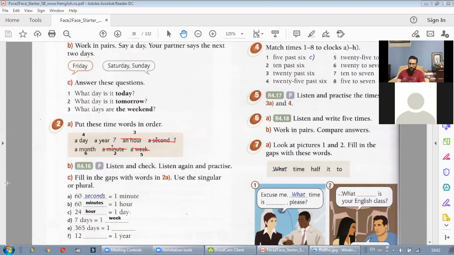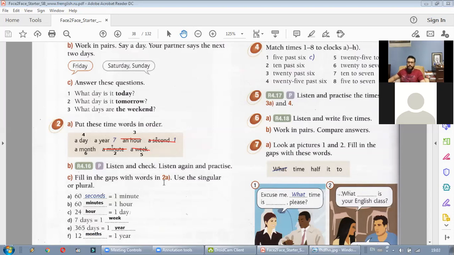Year, 1 year. Right, that's correct. And 1 year is made of 12 what? 12 months. Correct. That's right.